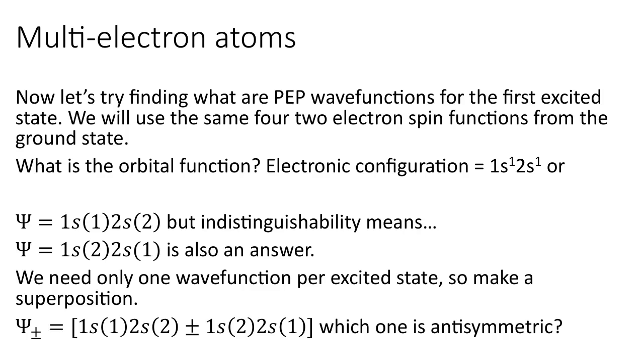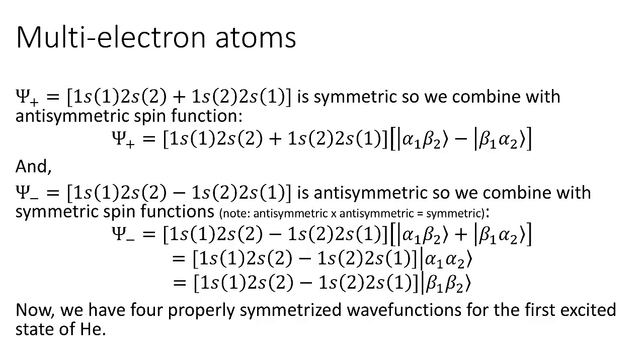Just like we did with the spin functions, we can make a superposition at the bottom where we add and subtract. I'm not bothering with the normalization. We'll just assume it's normalized. Which one of these would be the antisymmetric orbital function? Obviously, when you add them together, just like with the spin functions, the sum is symmetric.